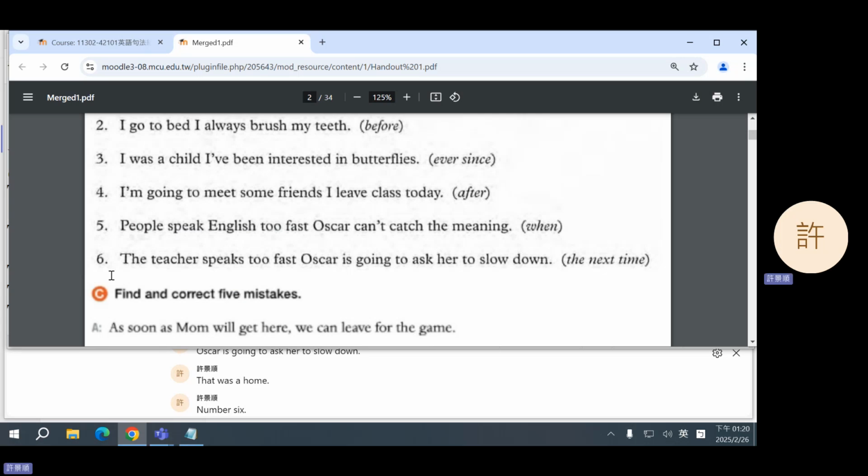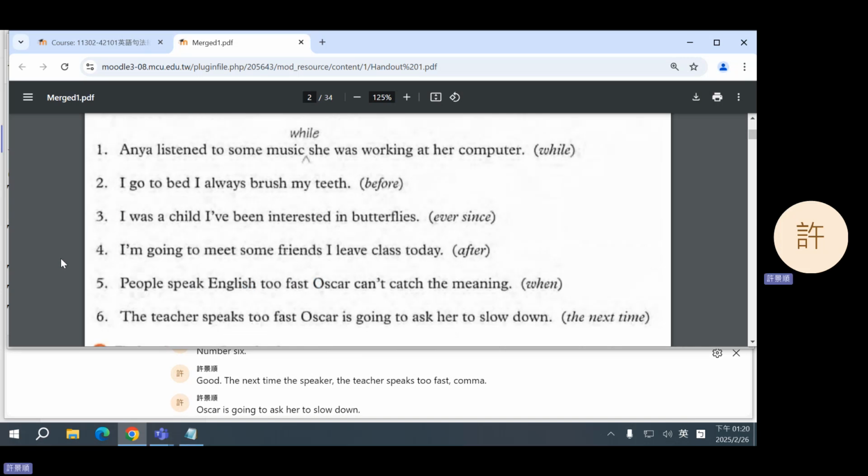Good. The next time the teacher speaks too fast, comma, Oscar is going to ask her to slow down. Okay. Do you have questions about this part? Yes.